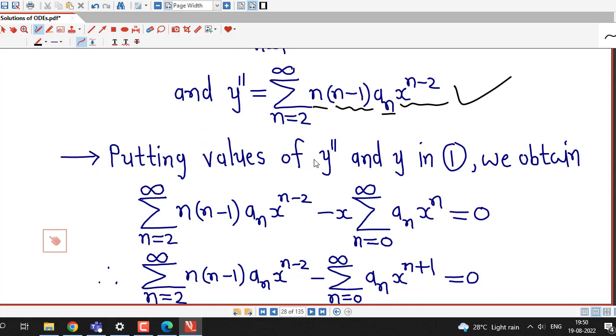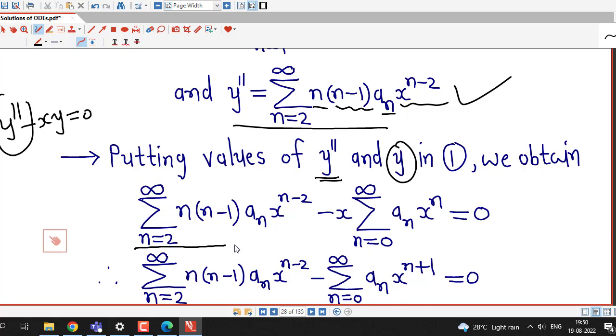So in the next step we write that putting values of y double dash and y in given equation, y double dash minus xy equal to 0. We write y double dash equal to this summation n equal to 2 to infinity n minus 1 an times x raised to n minus 2, minus x times y. Y is sigma an x raised to n, n equal to 0 to infinity.